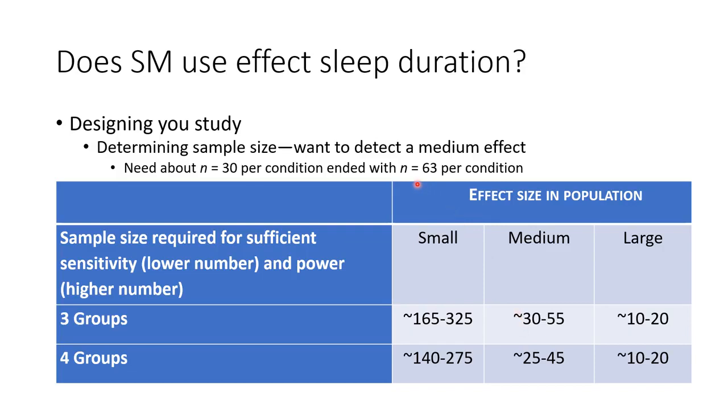In this case, we ended up with 63 people per condition, so that puts us well above the minimum required to detect a medium effect, and that's great. Again, generally you want to have a larger sample size, as large as you can get within the constraints of your time and money resources.